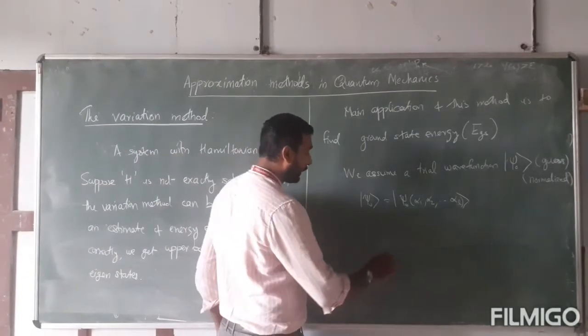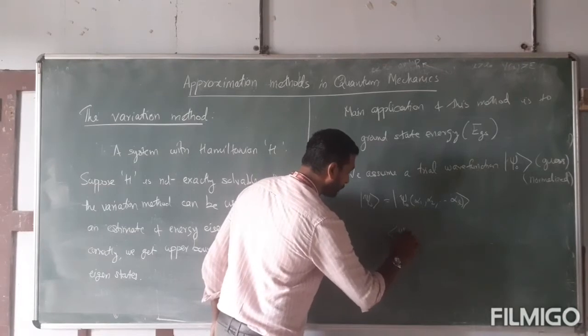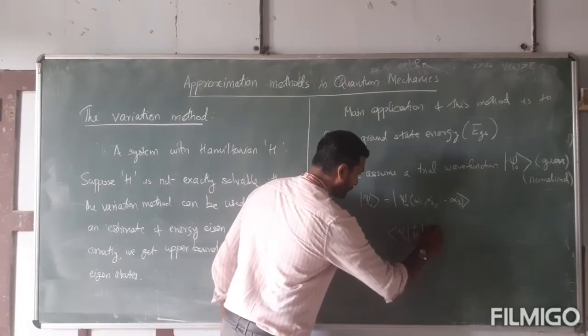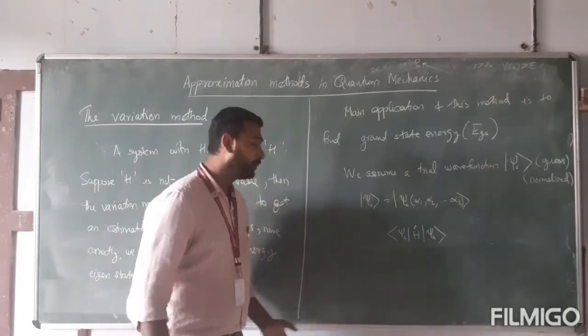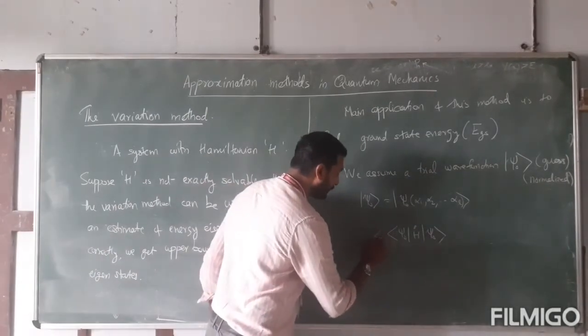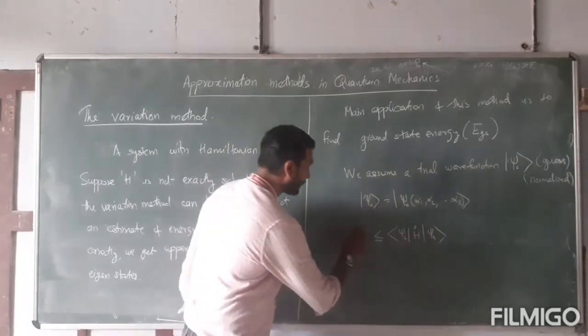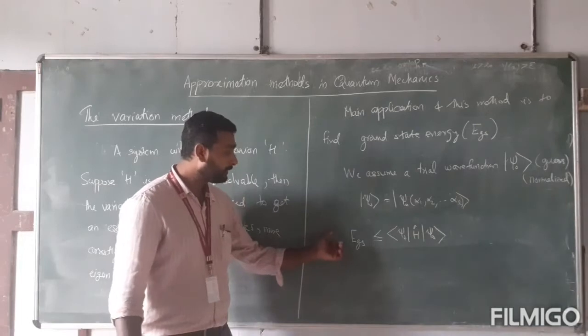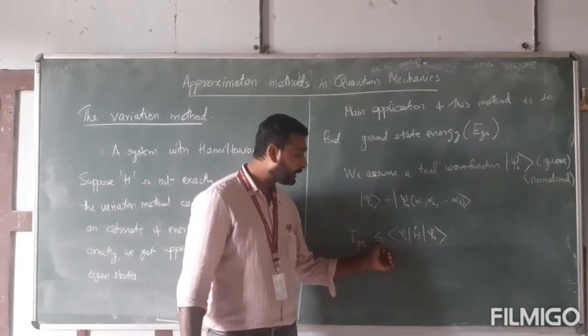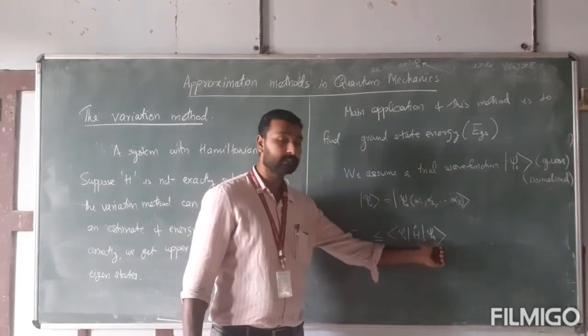The expectation value of the Hamiltonian I can write as <psi 0|H|psi 0>. This expectation value would always be greater than or equal to the ground state energy. So the ground state energy would always be less than or equal to <psi 0|H|psi 0>.